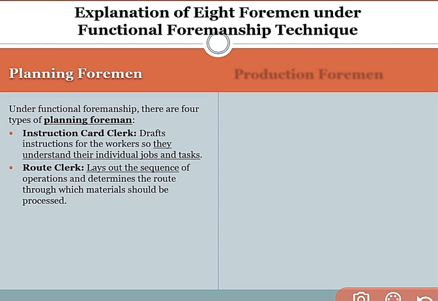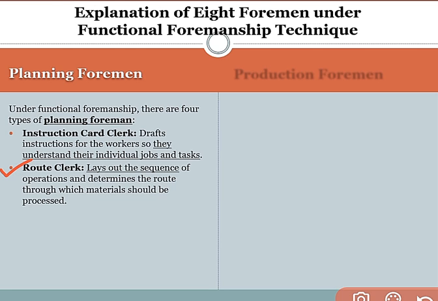The second categorization of foreman under planning foreman is the route clerk. The route clerk is responsible for laying out the sequence of operations and determining the route through which material should proceed. Right. So a route clerk is responsible for laying down the sequence: which raw material should come first, what will be the second, what will be the third, right?